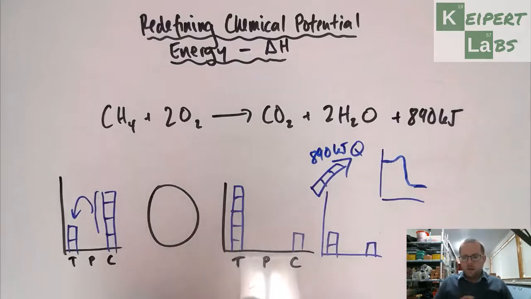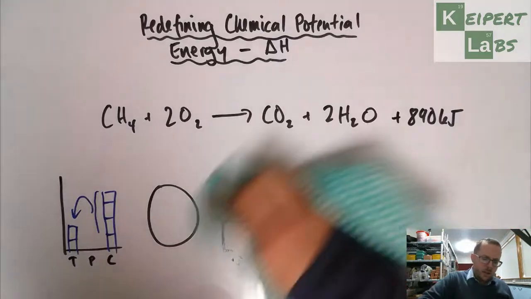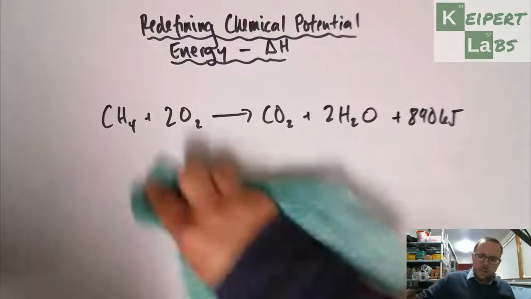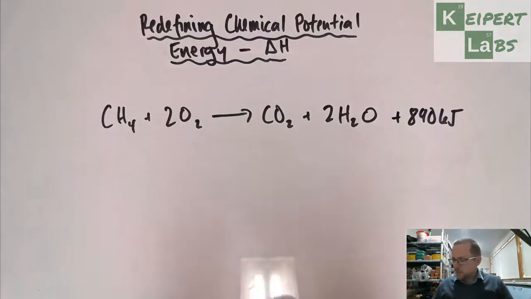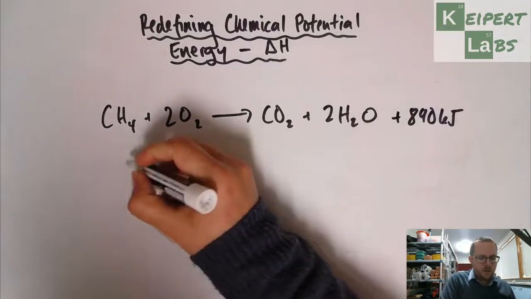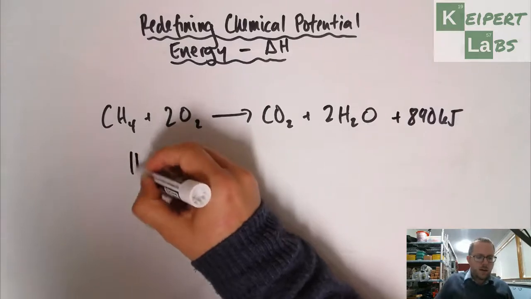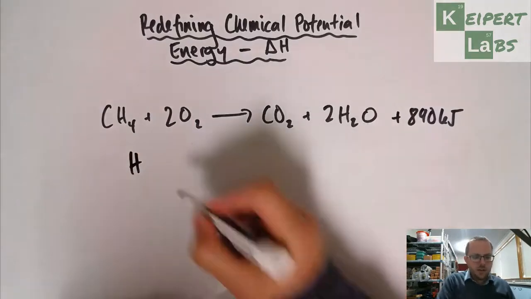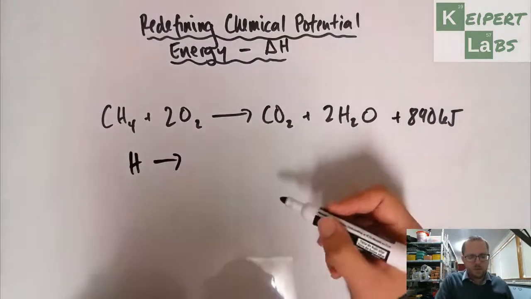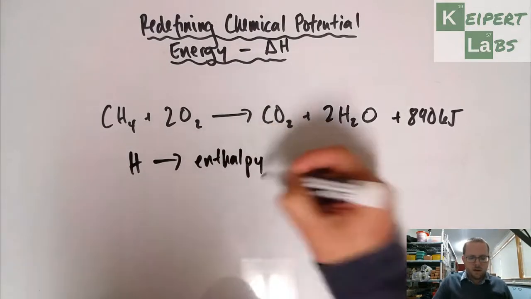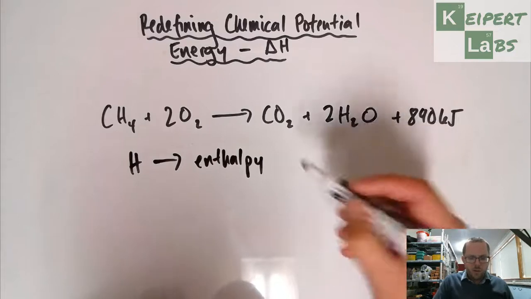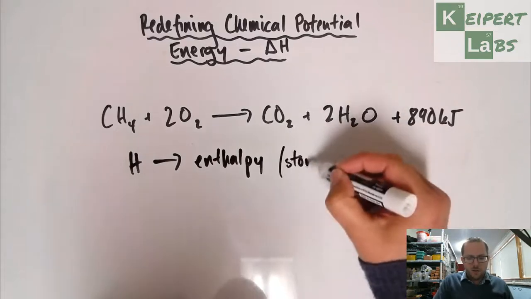Okay, all right, so the third way that I could represent this now is to introduce what I call delta H. So in chemistry, H corresponds to a concept we call enthalpy, which is stored chemical energy.